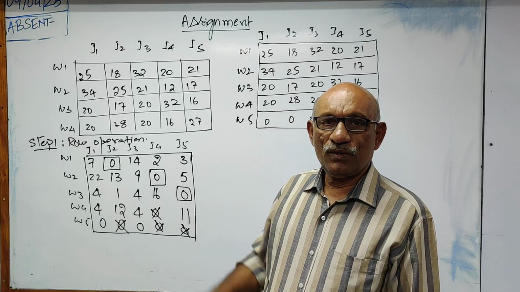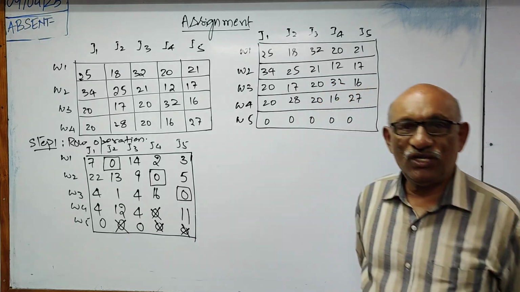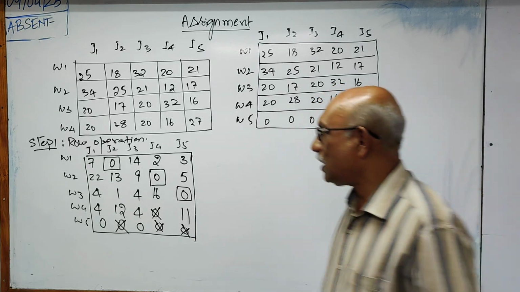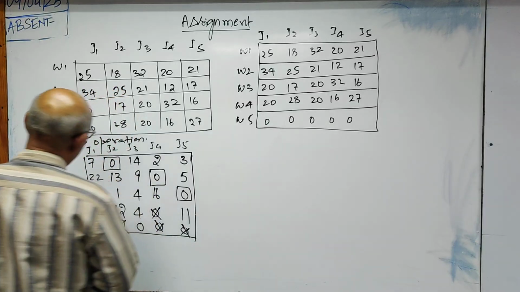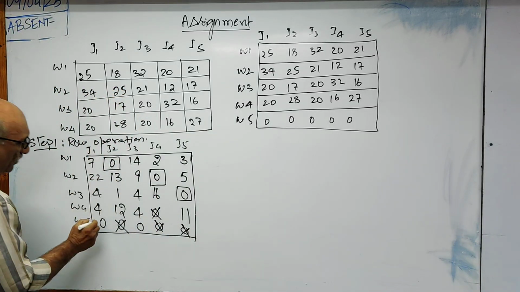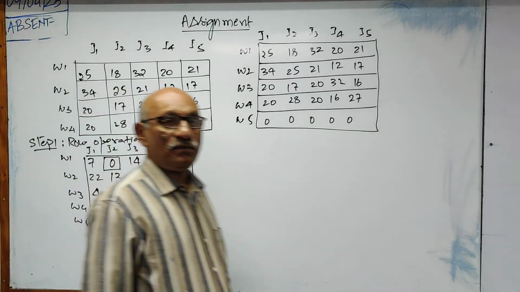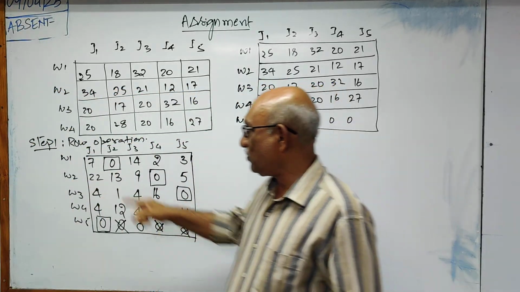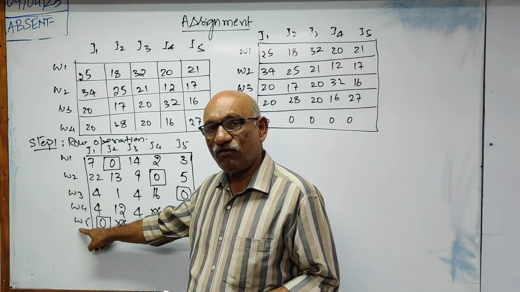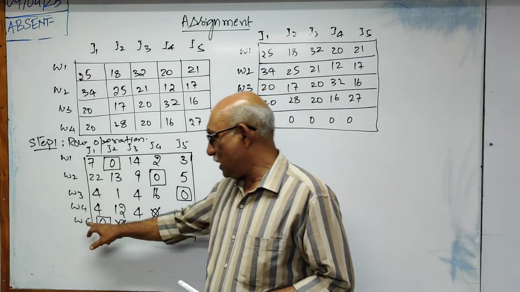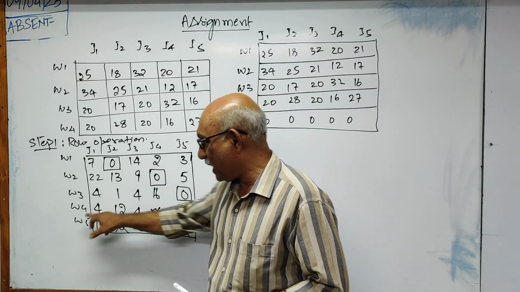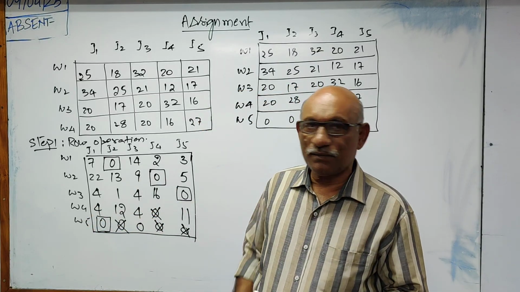So let's go through the assignment procedure column-wise. The first column has only 1 zero. Assignment is given. It means job number 1 is assigned to the fifth worker. But job number 3 can also be assigned to the fifth worker.